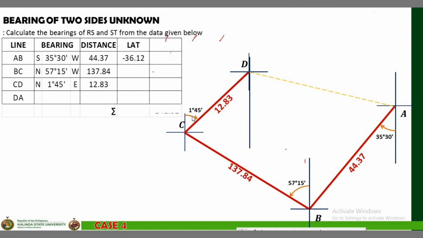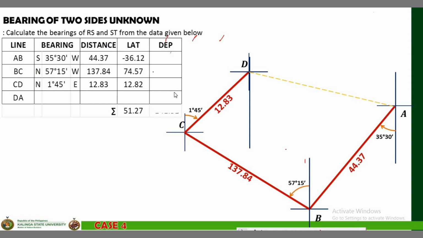Then the latitude of BC and the latitude of CD come from my calculation. If we take the summation, negative 36.12 plus 74.57 plus 12.82 is equal to 51.27.